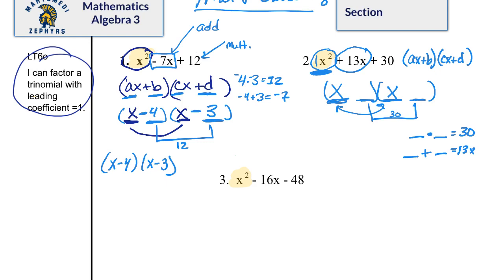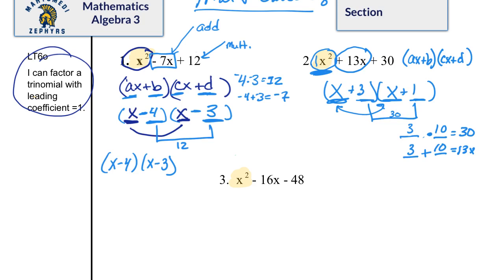Well, we got some different options, right? I could try 6 and 5, but those don't add up to 13. If you think some more, you might get to 3 and 10. 3 times 10 is 30. 3 plus 10 is 13.